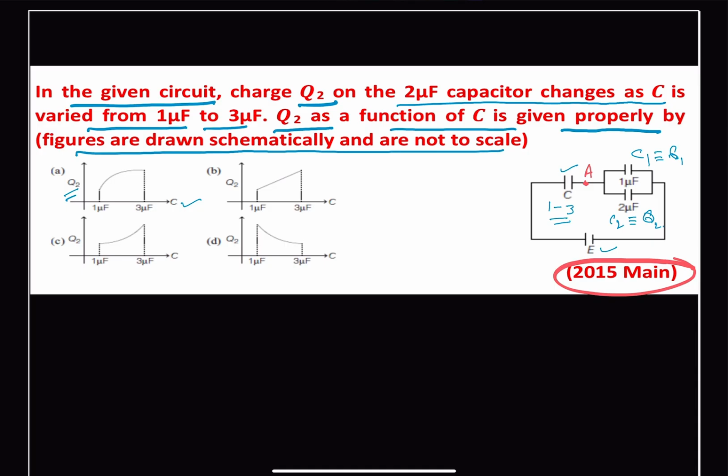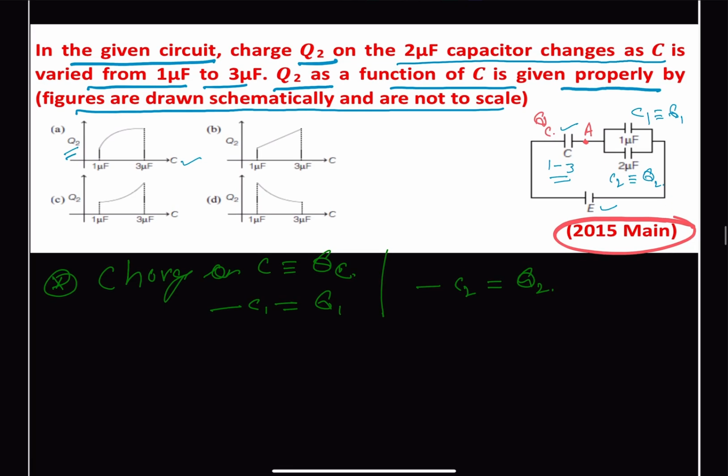Suppose charge on C is given as QC, charge on C1 is given as Q1 and charge on C2 is given as Q2. Therefore, we can say that QC will be equal to Q1 plus Q2.